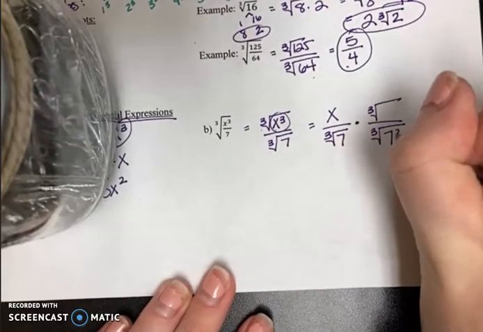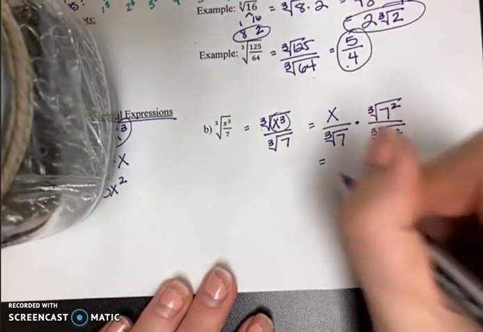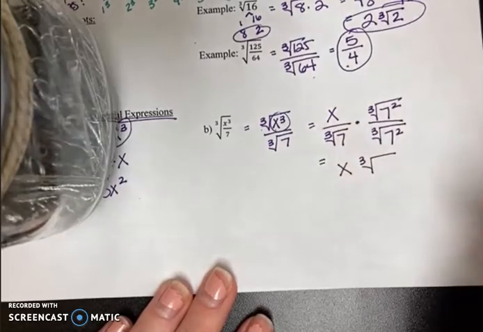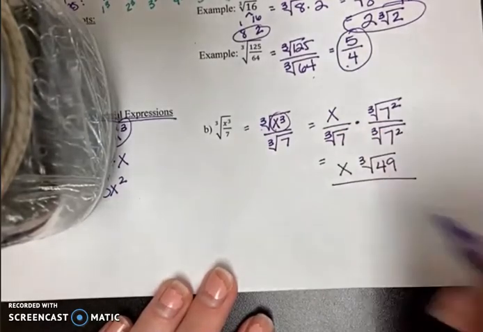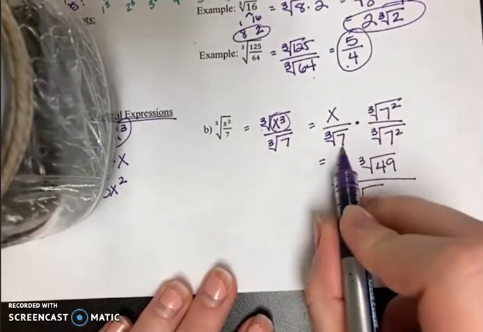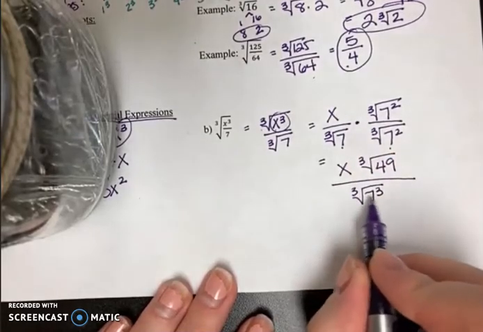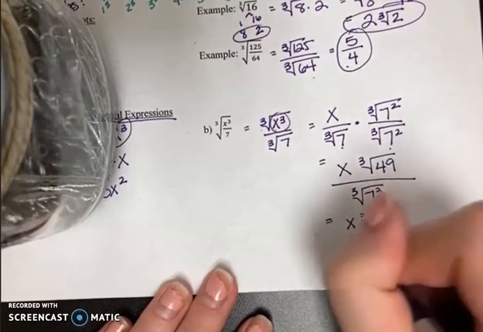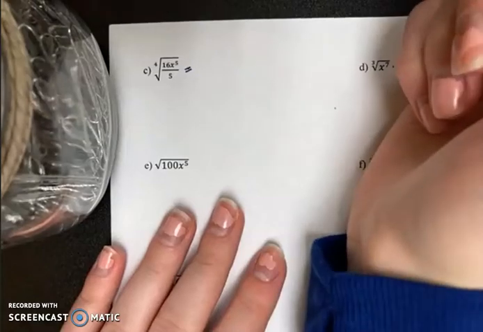So I'm going to multiply by 7 squared. This gives me x times the cube root of, I'm going to rewrite 7 squared as 49 in my numerator, over the cube root of 7 times 7 squared, which is 7 cubed. Again, I'm just showing you, hey, once we clean this up, I'm just going to have a 7 in the denominator.